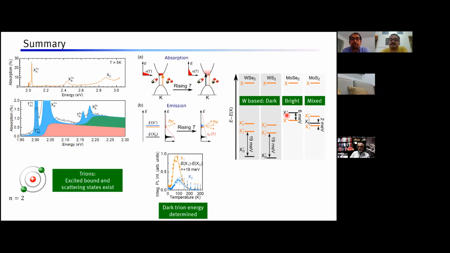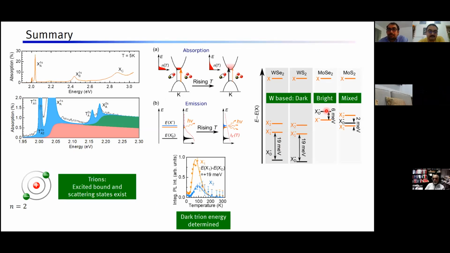So here we can see that for the material WSe2, the dark trion state actually lies beneath the light trionic state, and for MoSe2 it is actually above, and that's correct. MoS2 is between the two.